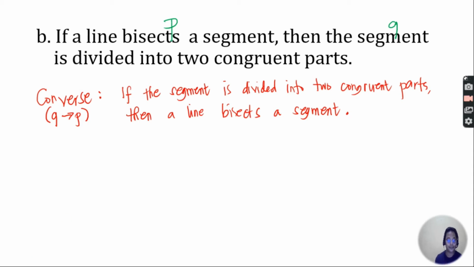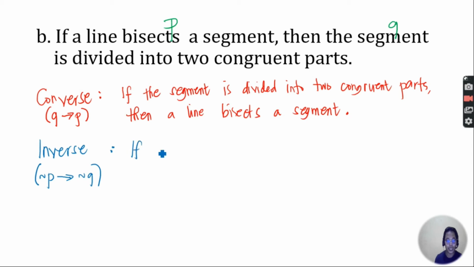For our inverse, so, may not P implies not Q po. So, negate na po natin yung hypothesis and at the same time yung ating conclusion.